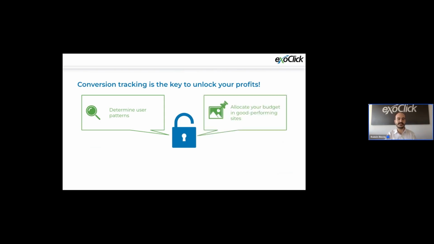It gives you insights on where you should spend your money when running these campaigns and which sites are giving you good engagement, good performing users. It gives you insights of your profitability and tells you which settings you should change to increase your ROI. It gives you insights on the evolution of your campaigns and of the many features and many types of audiences that you can reach through ExoClick.